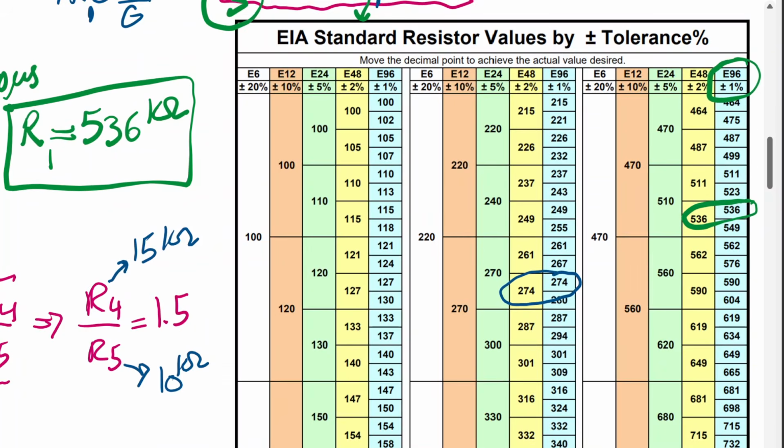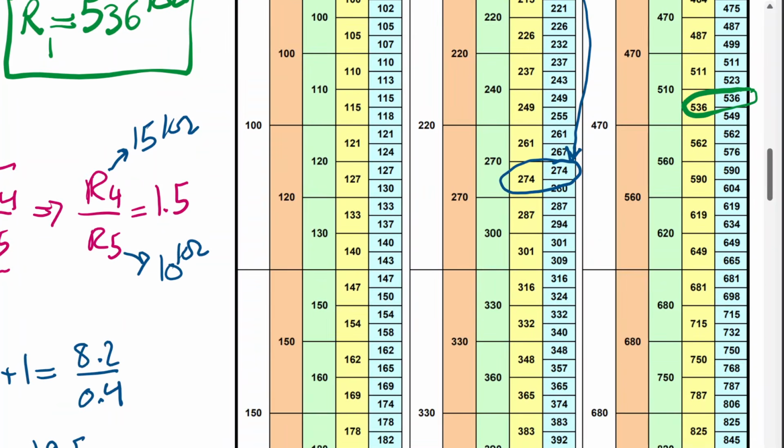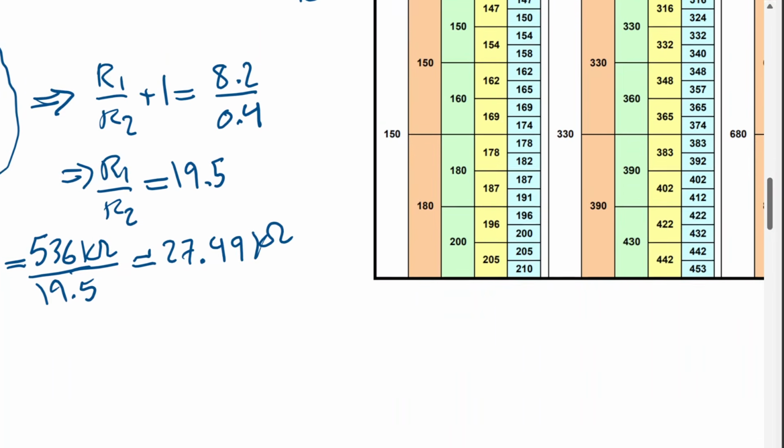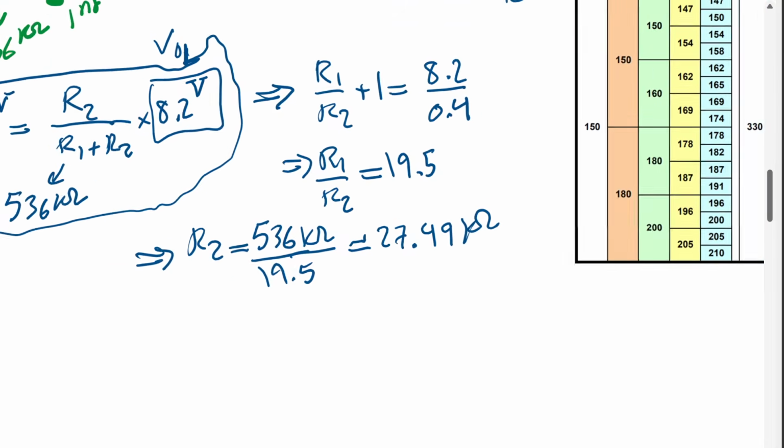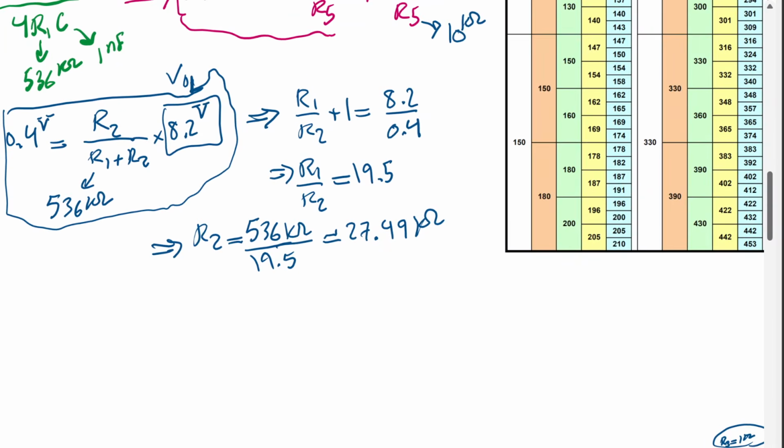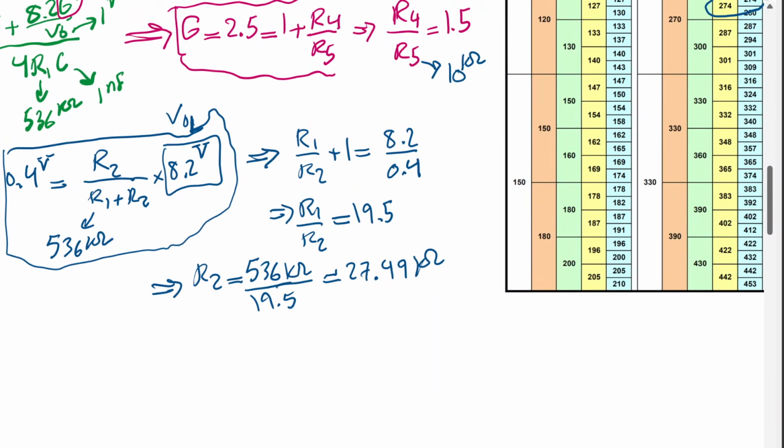If we go with 1% E96 for the resistor, then we have 27.4 as the standard value. So I'm going to make the approximation that therefore R2 is 27.4. That's the value of R2.